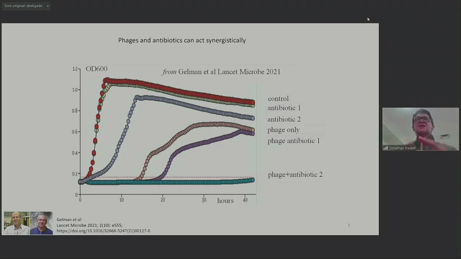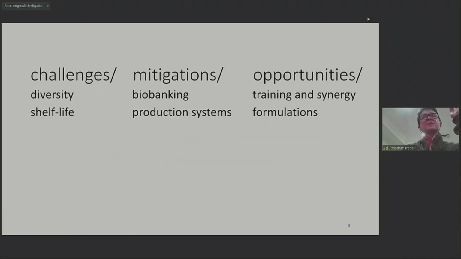And so this synergy is a great advantage of using antibacterial viruses or bacteriophages, simply because most of the time we will also be using an antibiotic, often an antibiotic that doesn't work as well as we would like, and that's why we're seeking a bacteriophage.